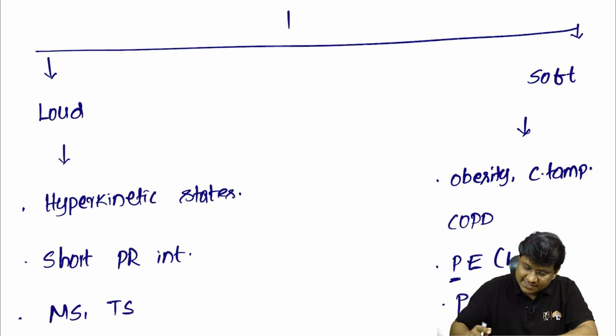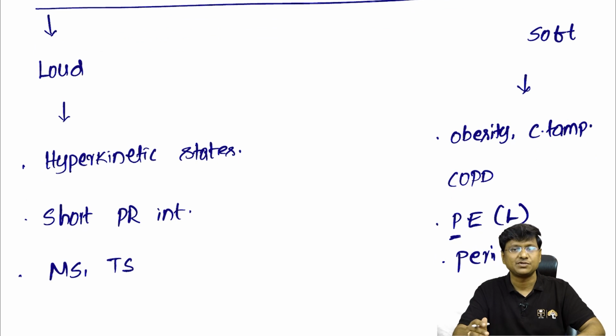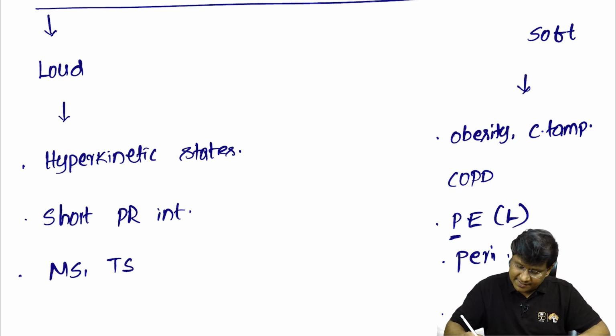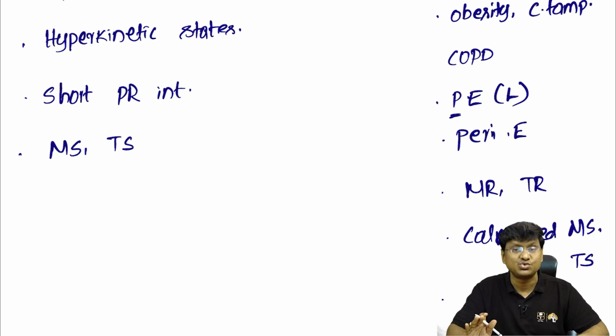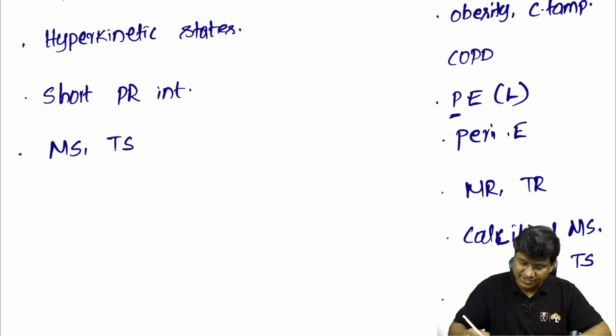In these conditions, the transmission of the sound to the surface of the chest is reduced, and that will cause a soft S1. Valvular heart diseases like mitral regurgitation and tricuspid regurgitation, and calcified mitral stenosis and tricuspid stenosis, because the mobility of the valve is reduced in these two conditions, and also prolonged PR interval.